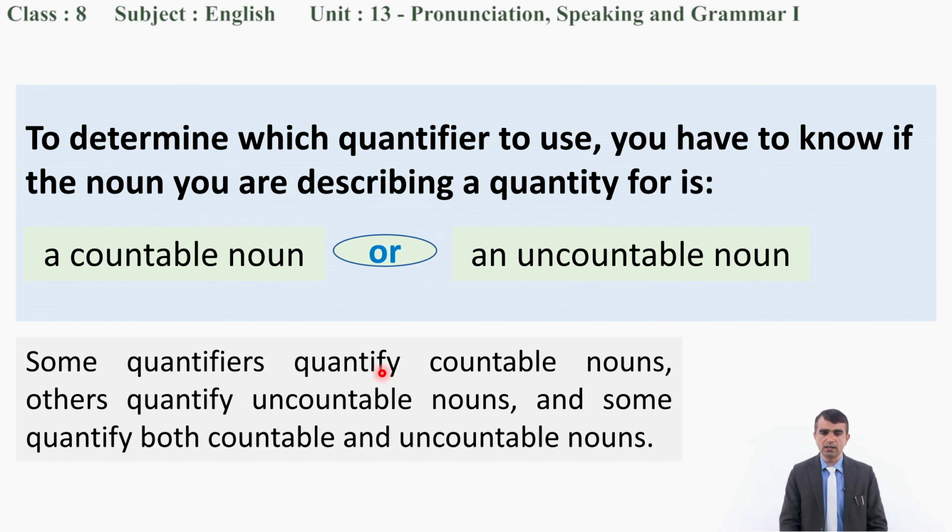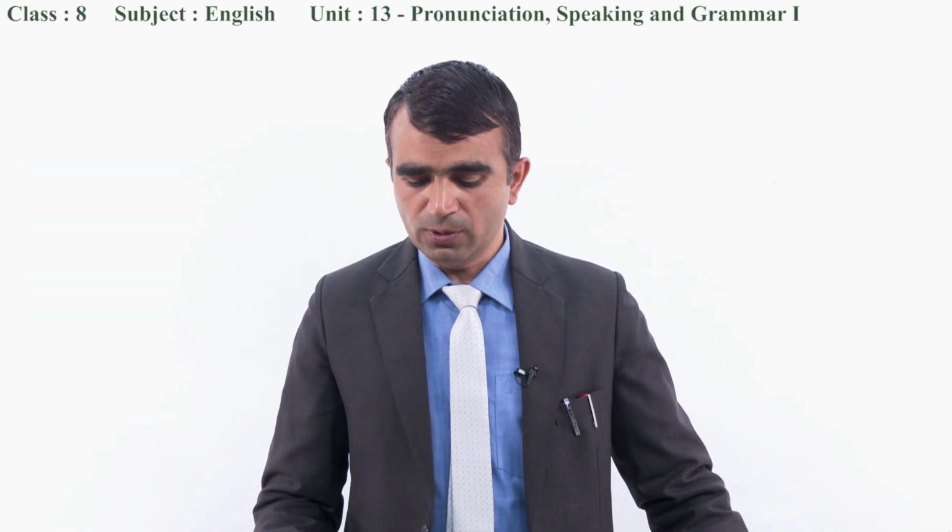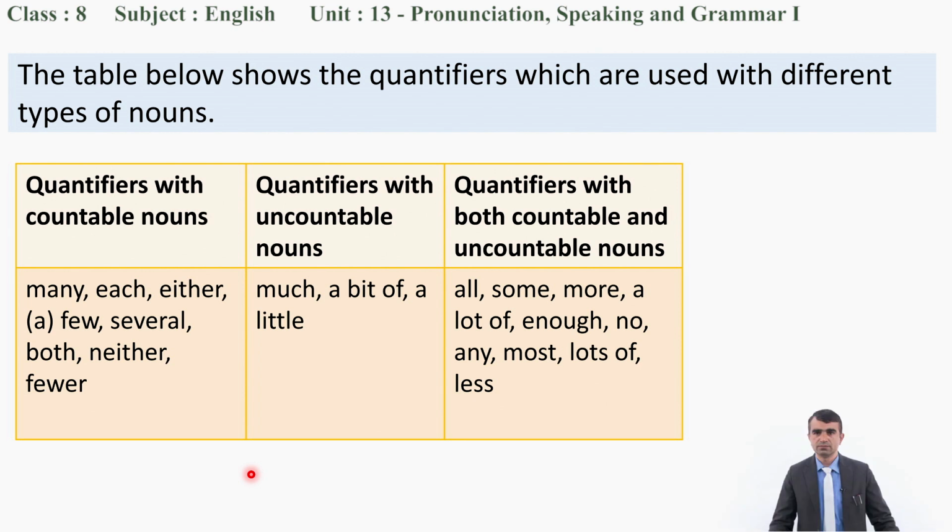Some quantifiers quantify countable nouns, others quantify uncountable nouns, and some quantify both. Let's see the table given in your book. On page number 163, one table is given. The table below shows the quantifiers which are used with different types of nouns.